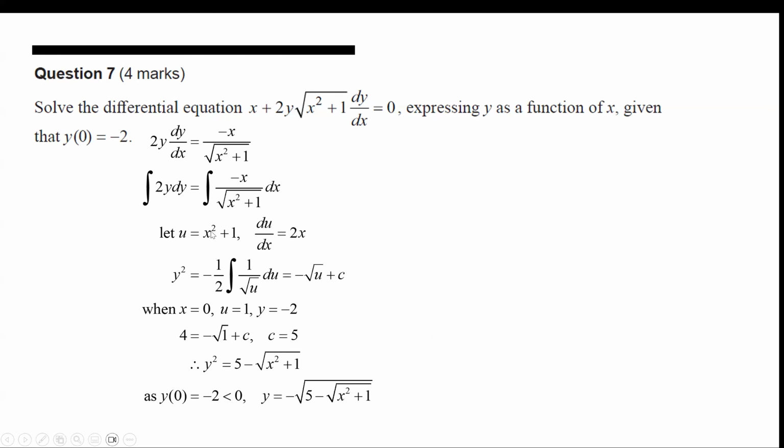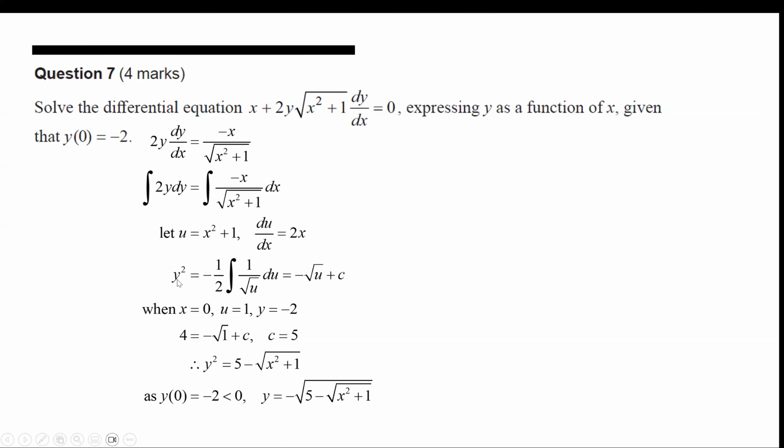But to be safer, it is not harmful to set out a clear substitution. Say, putting u equal to the quadratic here, and your du/dx is 2x. But on the top, you have a minus x times dx. Therefore, this will be minus half du, and the bottom will be the square root of u.